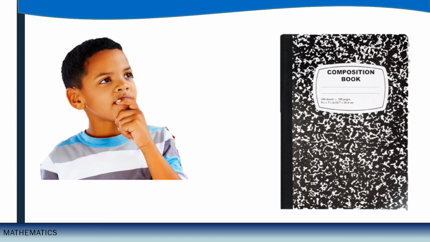Wow! If you said to estimate means to make a guess, that is excellent. I wonder if you can estimate how many paper clips long is Jaden's hardcover notebook. Wow! Maybe you said 3, 4, or 5 paper clips long. Boys and girls, let us check to see how good you are at estimating.